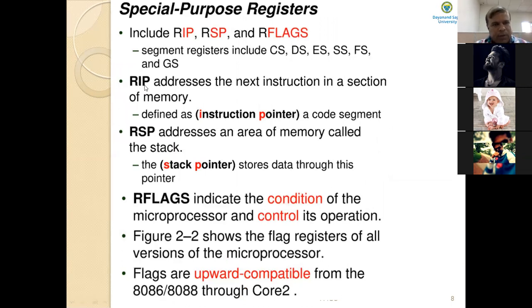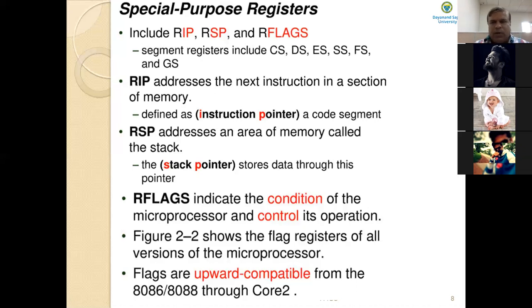First one is RIP. In RIP, IP stands for instruction pointer. What it does is it addresses the next instruction in a section of memory, and that section of memory is called the code segment. Usually in case of the 8086 microprocessor or any other microprocessor, the memory is divided into a number of segments.